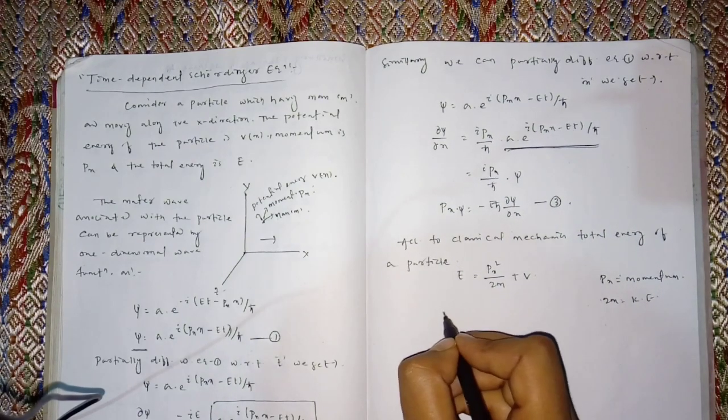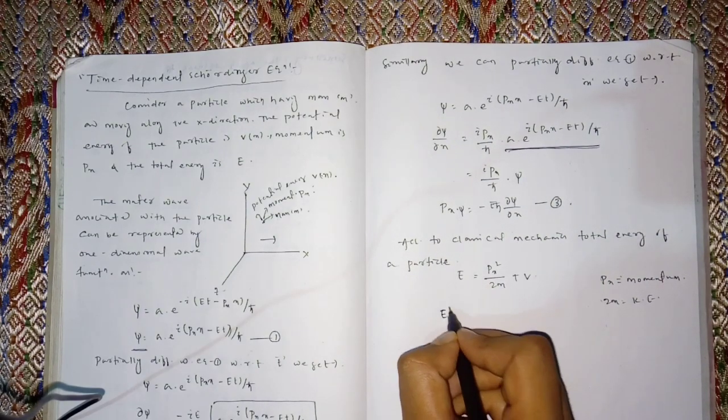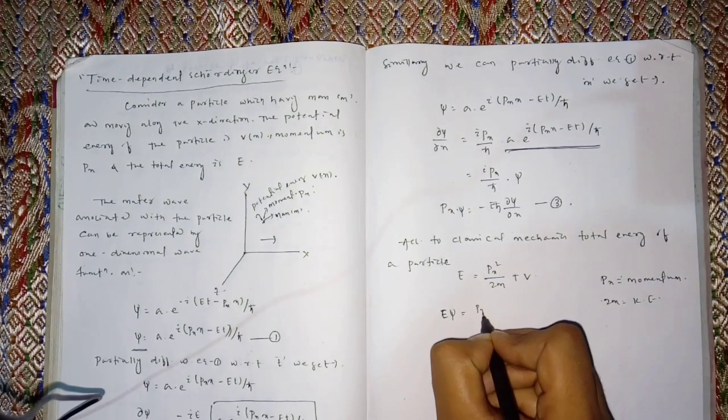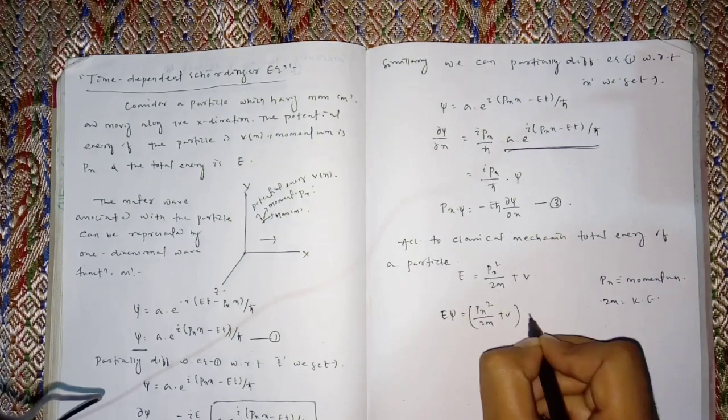We multiply psi on both sides, then we get E psi equals p x square by 2m plus V into psi.